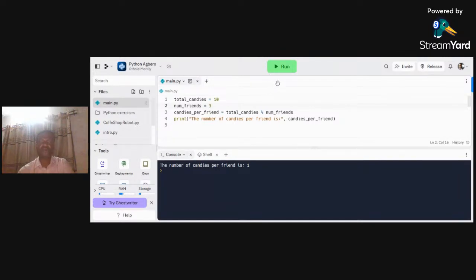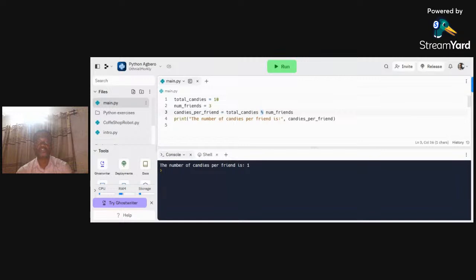Right, so I hope I haven't confused you and that you got this concept very well. And the most important thing is this modulo operator always gives us the remainder of a division. All right, trust you're excited.